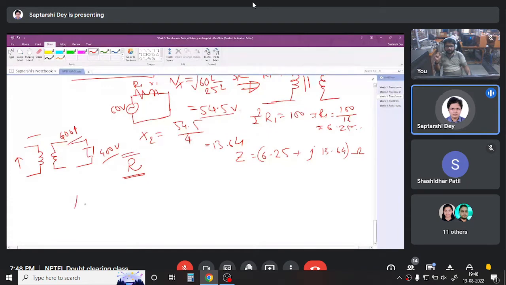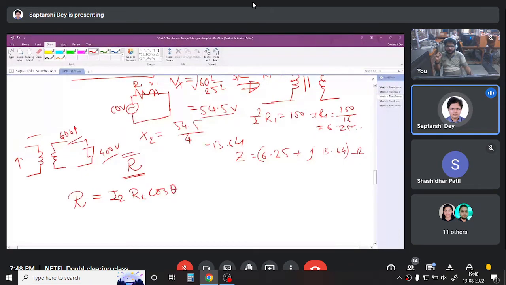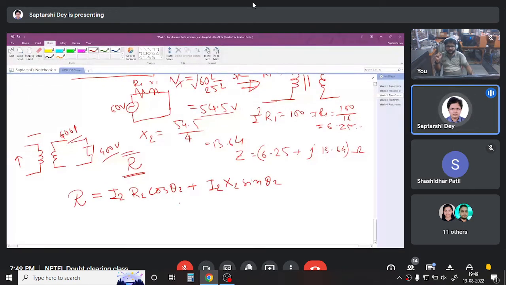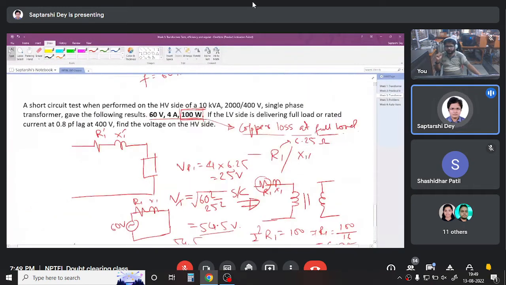So what is the regulation? I2 R2 cos theta 2 plus I2 X2 sin theta 2. Now this R1 X1 we calculated from the primary side. We have to refer them now to the secondary side, the low voltage side. What we have to do?